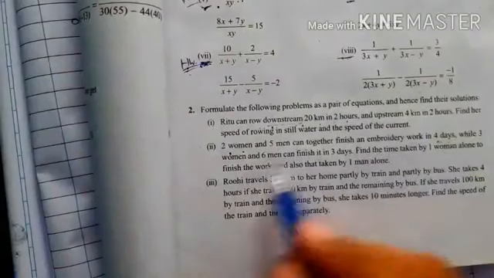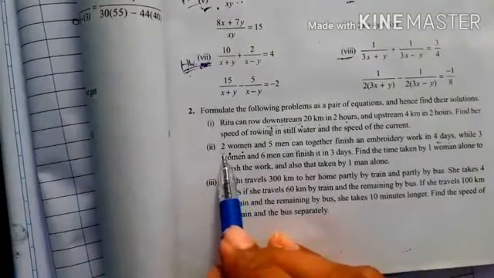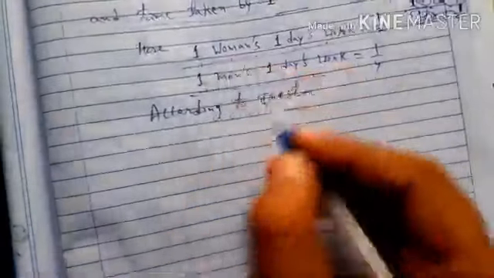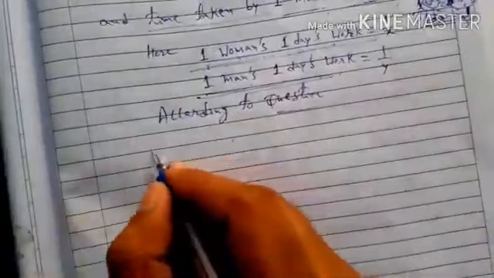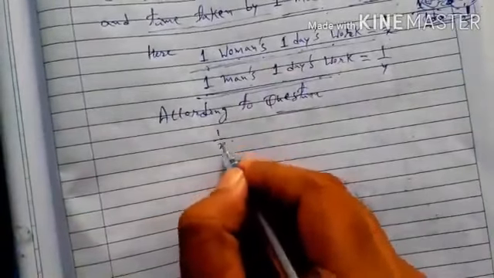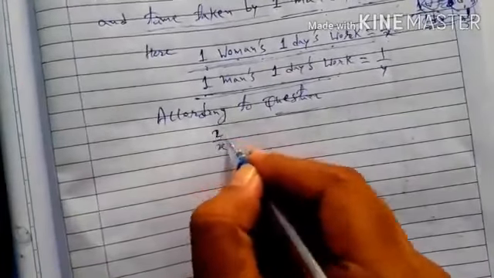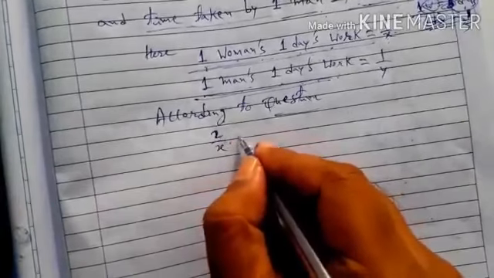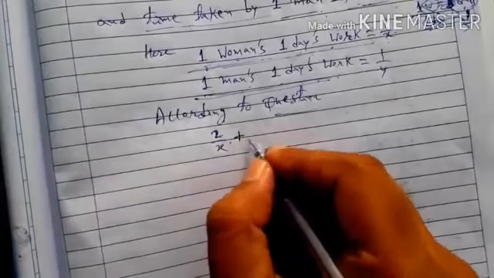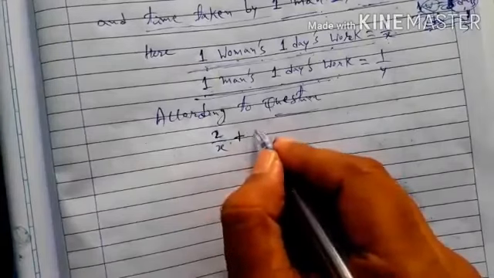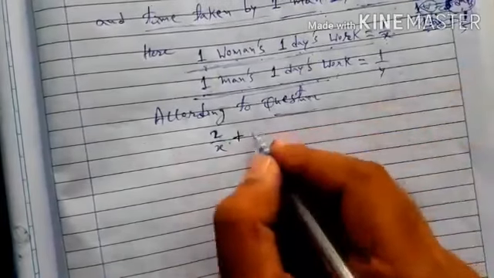So the work of 1 woman is 1 by x, so 2 women means 2 by x. Together means we add, and 5 men means 5 by y.